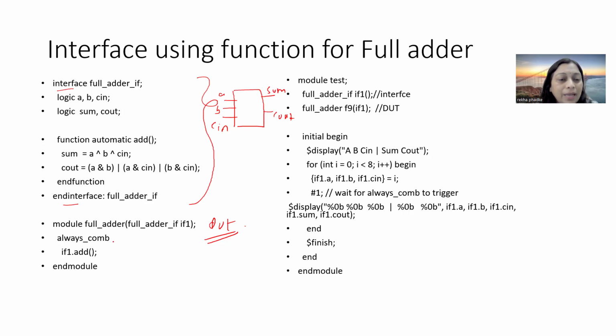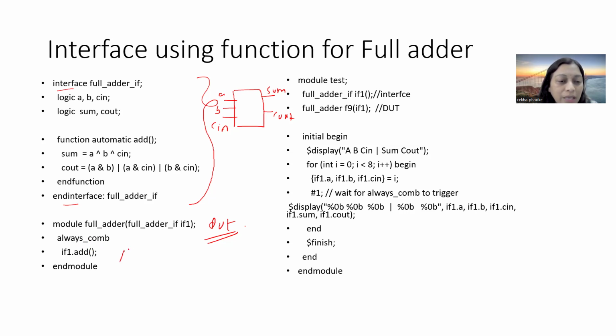And then I'm using behavioral modeling. So always_comb. This always block will get triggered whenever the combinational variables A, B, Cin change. The statements inside always get evaluated only when these variables change. Inside this always_comb block, I'm calling if1.add.